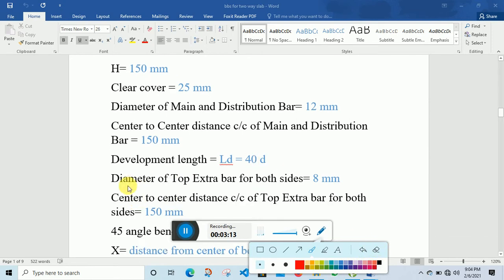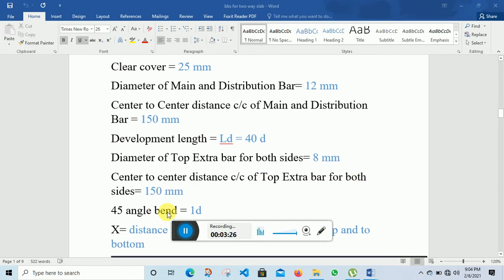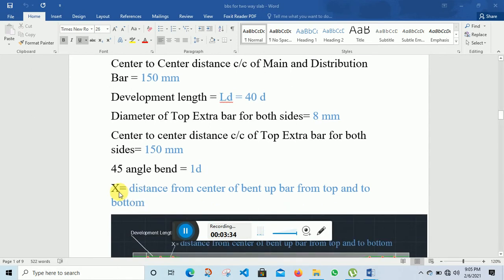Okay, so the diameter of the top extra bar for both sides is equal to 8 mm. Center to center distance of the top extra bar for both sides is equal to 150 millimeter. And for a 45 degree bend, we will take 1D, where D is the diameter of the bar. Okay, so this is x, the distance from the center of the bent up bar from the top to the bottom.